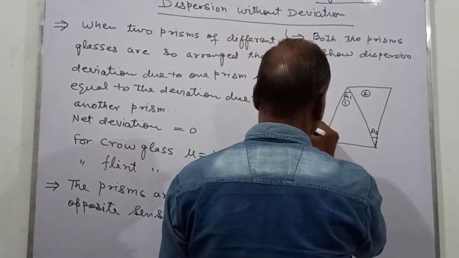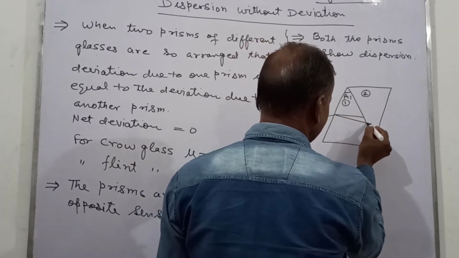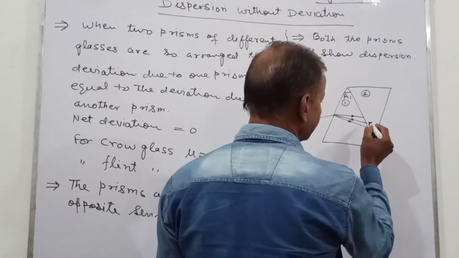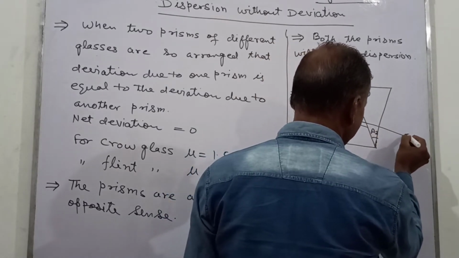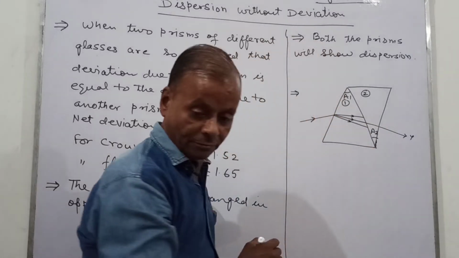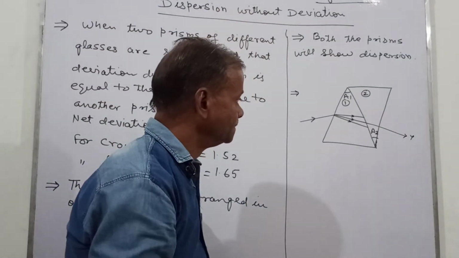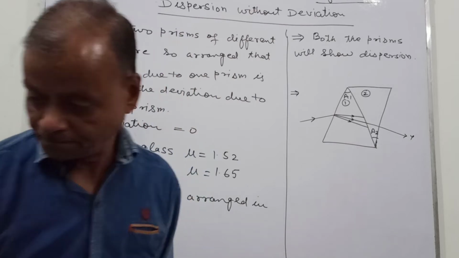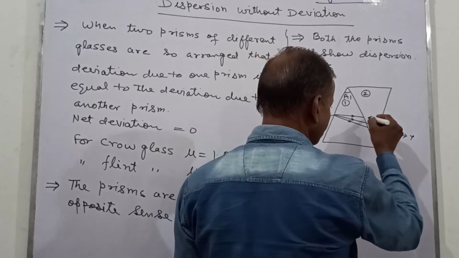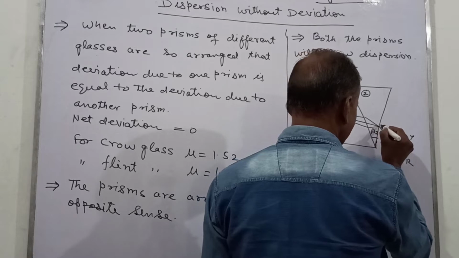Now let this be the light ray. Here we have the deviations. This is now dispersion of the light. Then this color passes as such. This is now yellow, and this red. This is now violet.